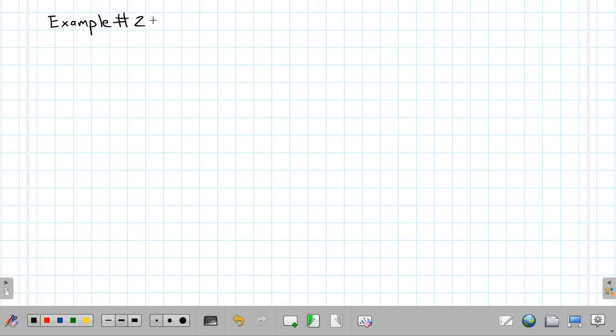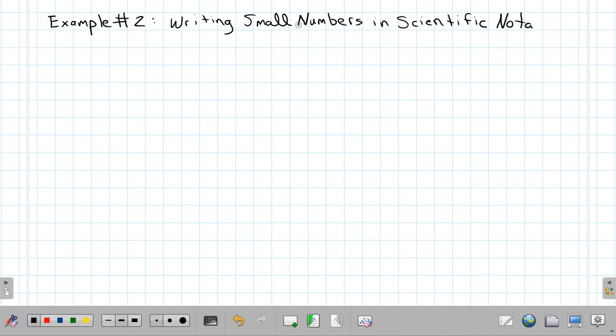it's actually the opposite here. We want to write a small number in scientific notation. So this one's about writing small numbers in scientific notation.